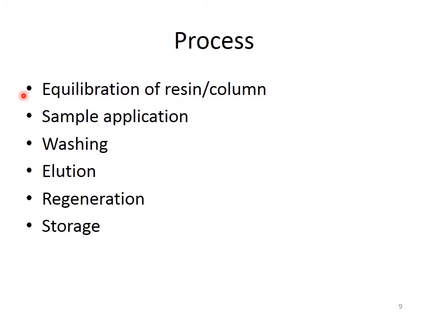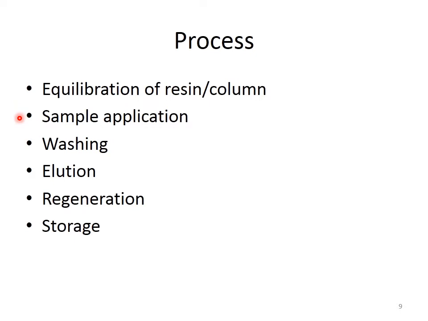For example, if a protein is able to bind to a particular stationary phase at a pH of 8, we pass a buffer of pH 8 through the column. In this manner, the stationary phase becomes equilibrated so it can bind to the protein of interest.